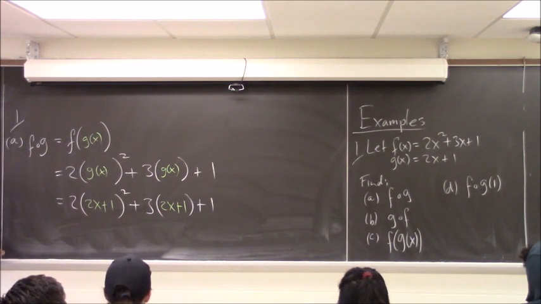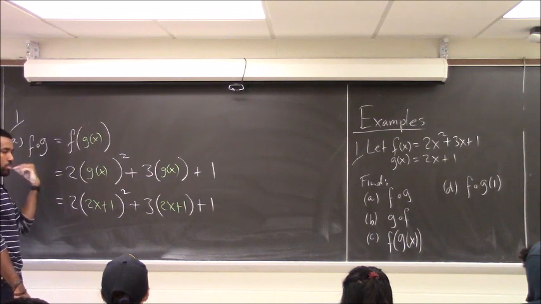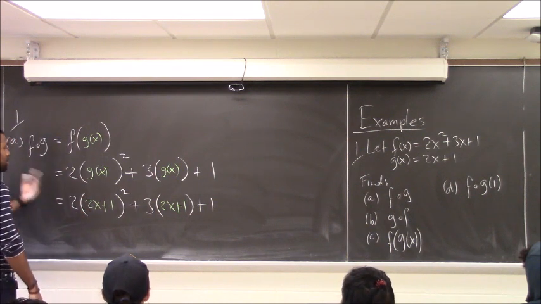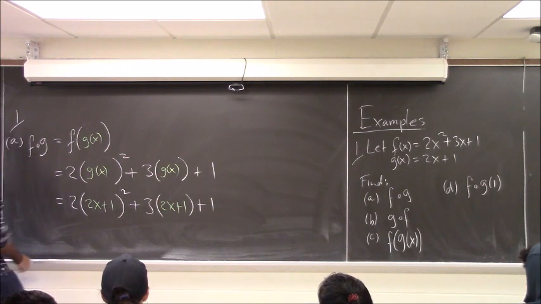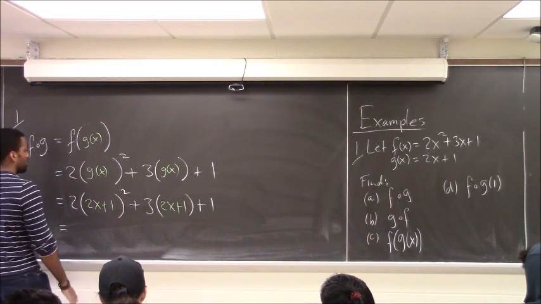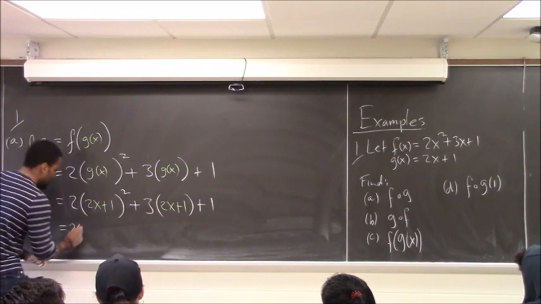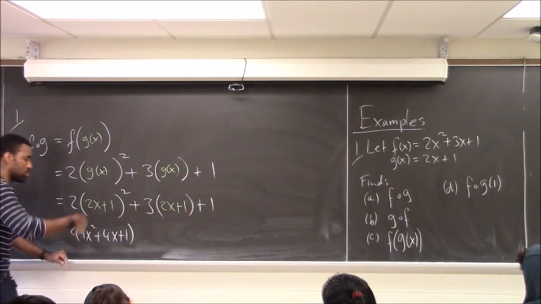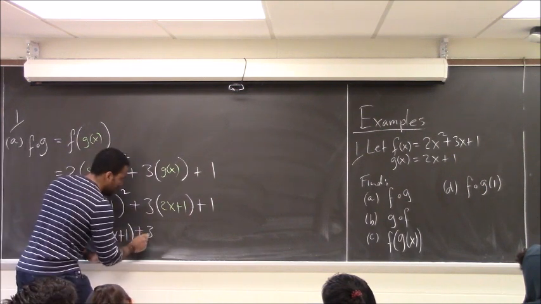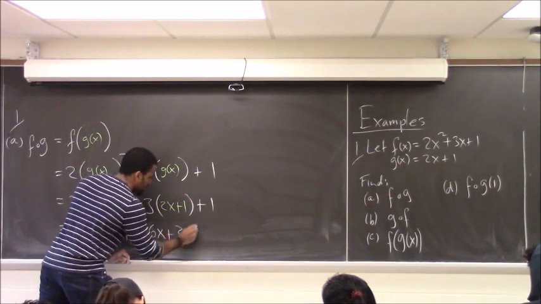That's how formulas work. And at this point, we take it way back, we learn about distributive law, combining like terms, all of that starts to take effect now, right? The math builds on itself. And so now, you have to remember PEMDAS, so we're going to leave the 2, we're going to first deal with the powers, and that's going to give us 4x squared plus 4x plus 1, because the formula we FOIL out. This we can actually start to distribute at this point, 6x plus 3 plus 1.